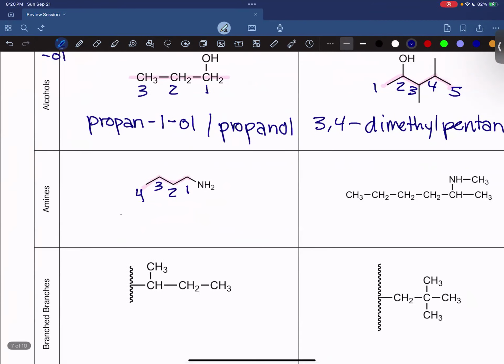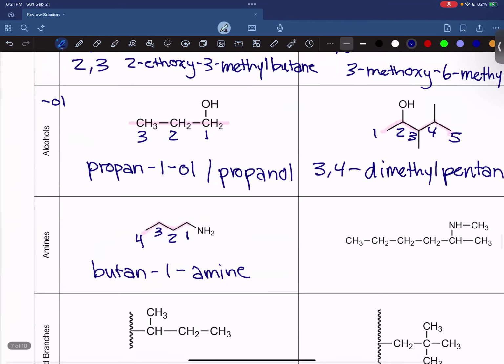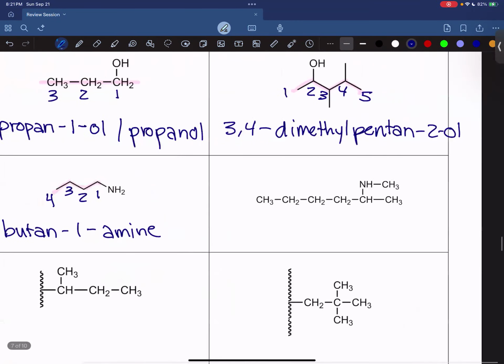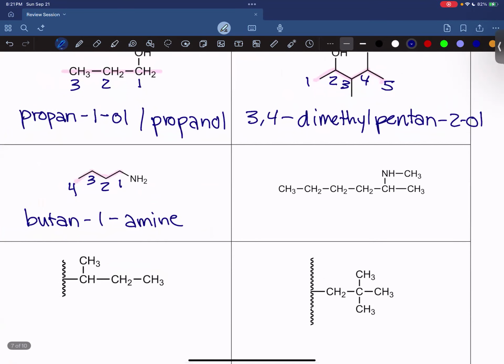So this is a 4-carbon chain, which means it would be butan, and then we're going to designate where that amine is, butan-1-amine. This would also be butanamine, just like how this was also just propanol, but I would say it's just better to include the number because then if it isn't redundant, you won't get it wrong.